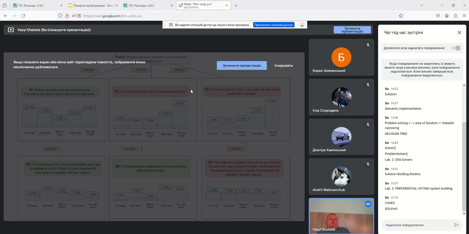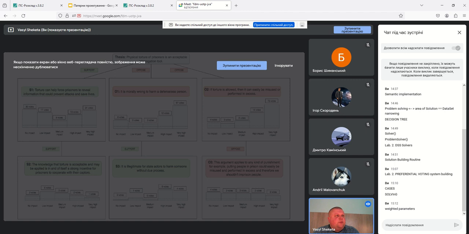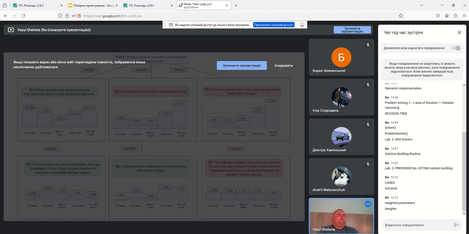And decision making with preferences would give variables, parameters with weights, or weighted parameters. And here is the concept of weights.